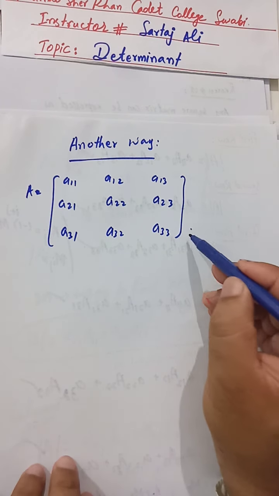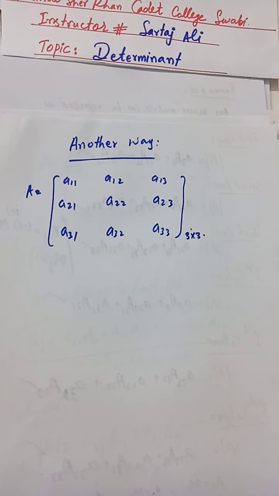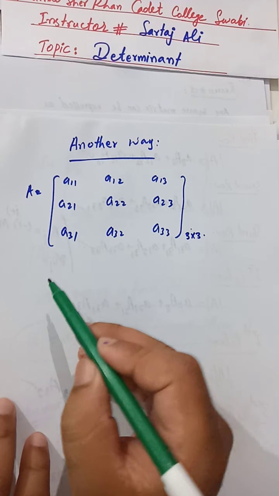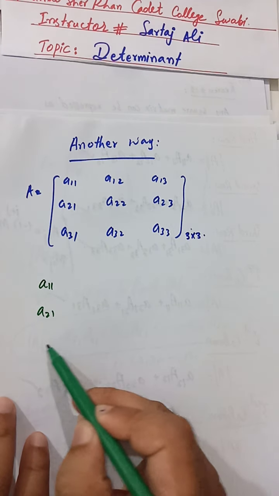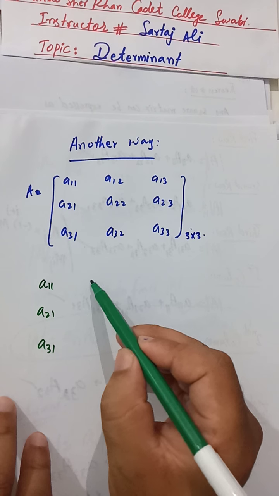But if you are not willing to use the cofactors and minors and you are interested to find the determinant of a 3 by 3 matrix, write down the elements of this matrix in the same pattern without square brackets. I am writing the elements of this matrix A. You see that the first column is written in the first vertical way.